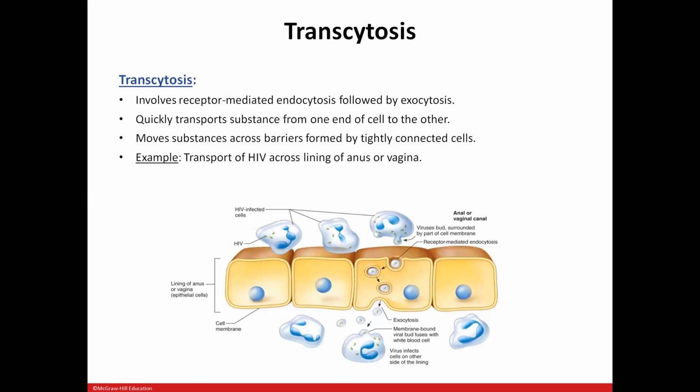They didn't have a way to block this, but also, the issue is the fact that their immune system was so low. So even like a common cold or pneumonia would actually be the fatality. So this is the transcytosis. It's this receptor-mediated endocytosis following exocytosis. More than likely, I'm not going to test you on this, so you don't have to worry about this. This is more of FYI, but I like to make mention of it.